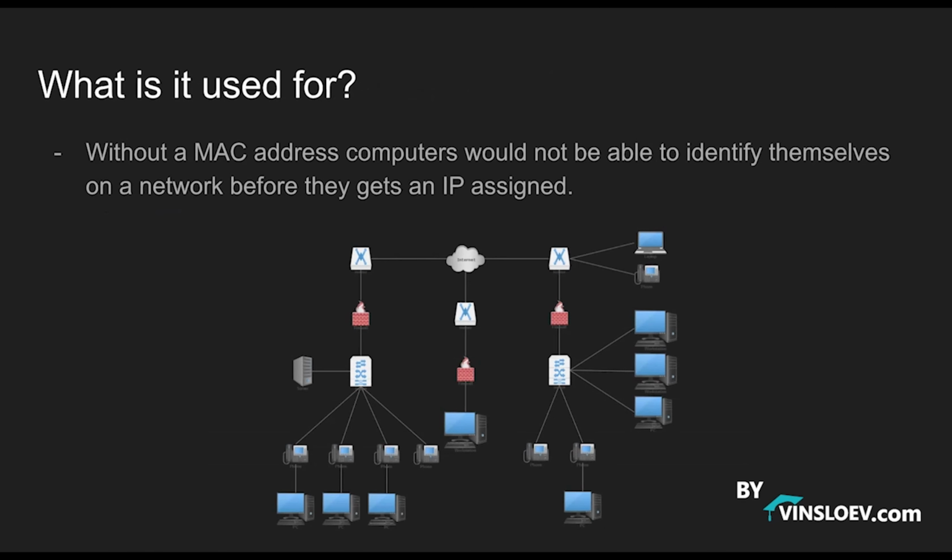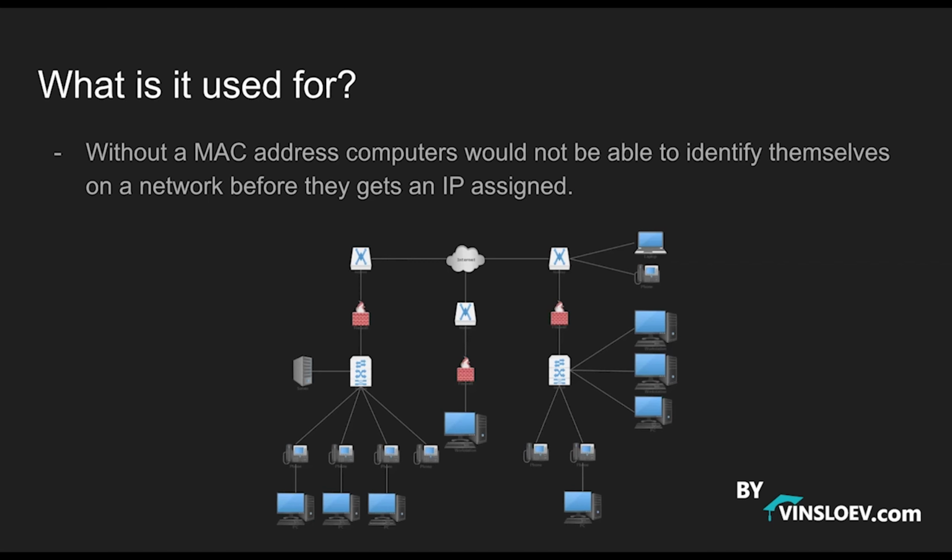So what is this MAC address used for? Without MAC addresses, our computers would not be able to identify themselves on a network before they get an IP. That means that when you set up your network for the first time and you just take your computers and couple them into your routers or switches, no IPs have been distributed, so no devices really know who the other devices are.